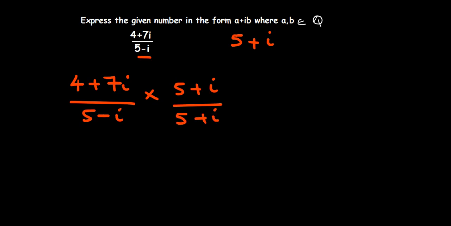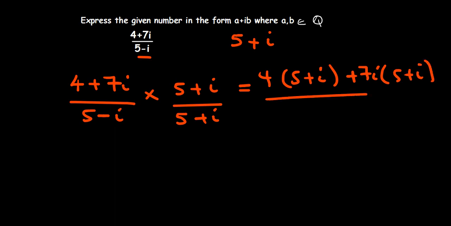This is going to give you, on the top, 4 multiplied by 5 plus i, then plus 7i multiplied by 5 plus i. In the bottom, the value here is just 1 for i, so you just square: your a is 5 and your b is 1. That should be 5 squared plus 1 squared. Let us work out what is on top.